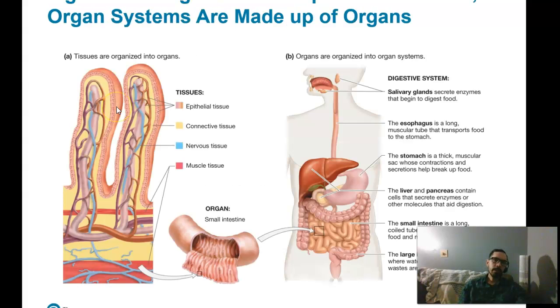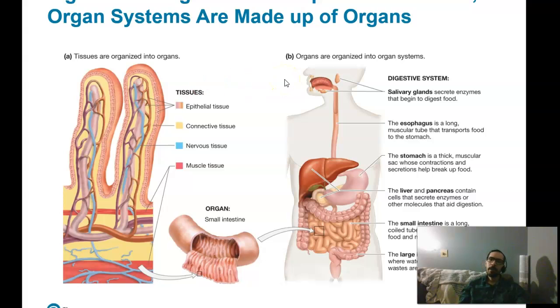Here you can see how the tissues are organized into organs. This is a diagram of a piece of the small intestine, and you can see the different tissue types. You experienced this when you were looking at your slides: even if a slide was labeled a certain tissue, you would be able to see, in most cases, different types of tissue on that one slide.